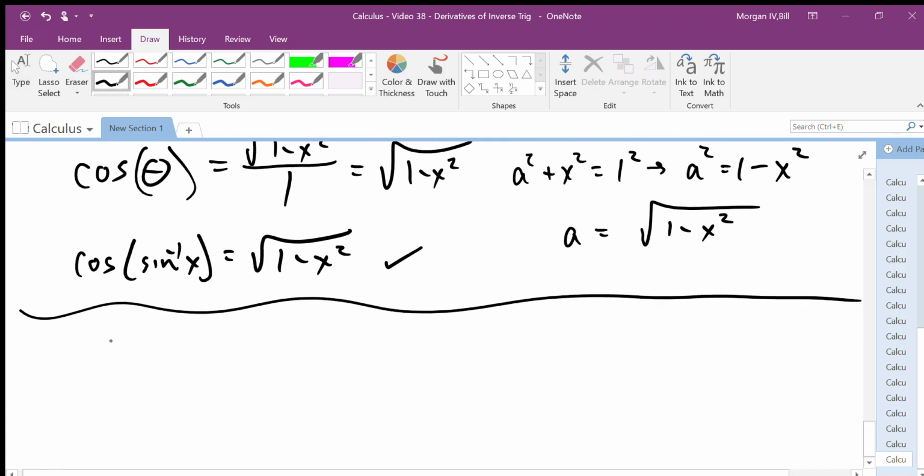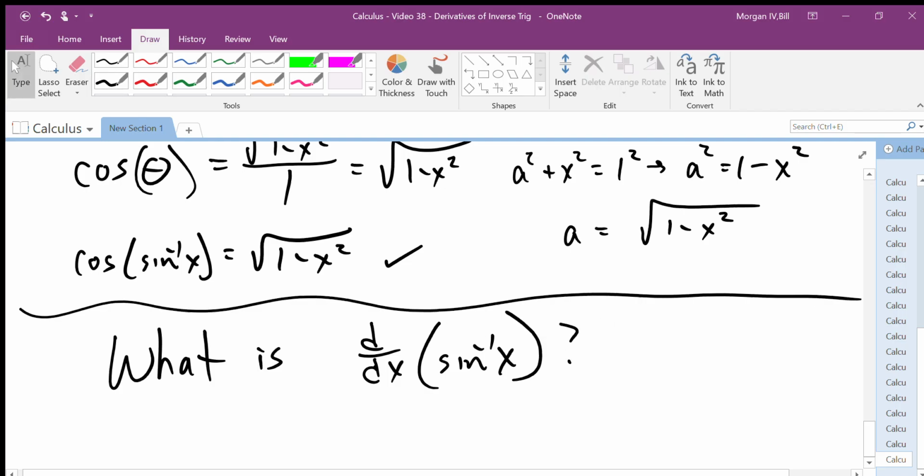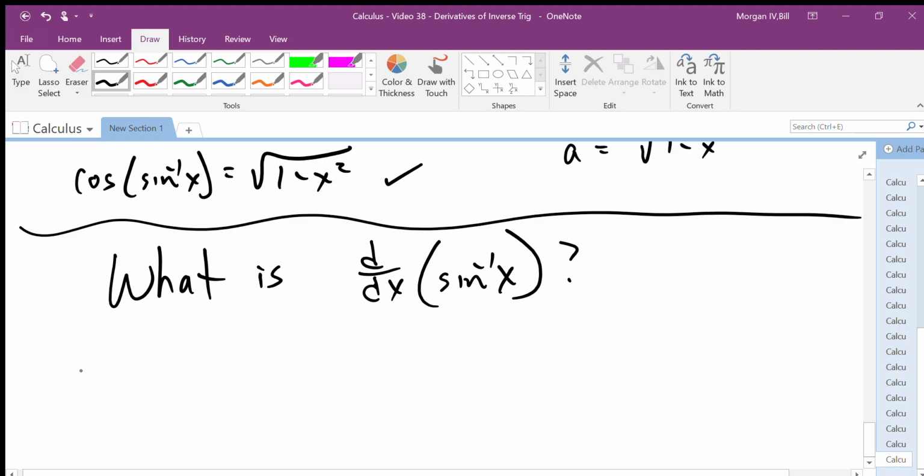So we want to know what is the derivative of the inverse sine of x. What is the derivative of the inverse sine of x? To do so, we're going to start with this. Let theta equal inverse sine of x, right?